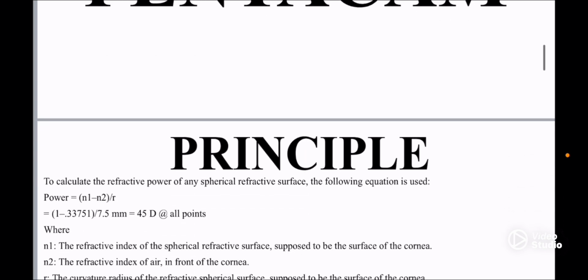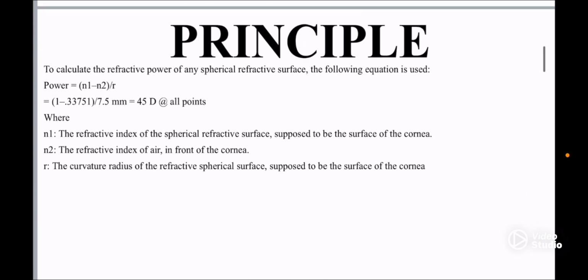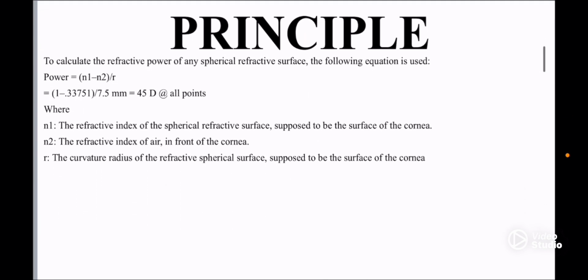Now coming on to Pentacam, our main topic of discussion. What is the principle? To calculate the refractive power of a spherical refractive surface, the equation used is power is equal to n1 minus n2 divided by r. Now here n1 is the refractive index of the spherical surface. Here it is cornea. n2 is the refractive index of air in front of cornea.